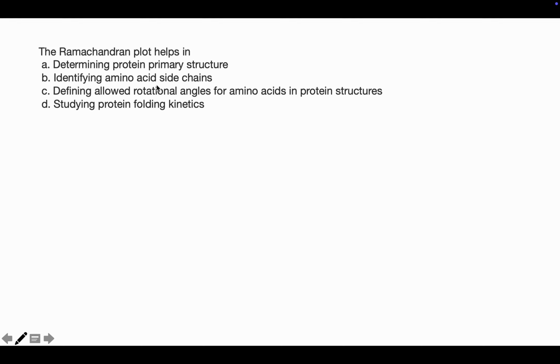The Ramachandran plot helps in determining protein primary structure, identifying amino acid chains, defining allowed rotational angles for amino acids in protein structures, studying protein folding. So the Ramachandran plot will define the different dihedral rotational angles, which are phi and psi angles. Psi is the C and C alpha angle, whereas phi is the N and C alpha angle.